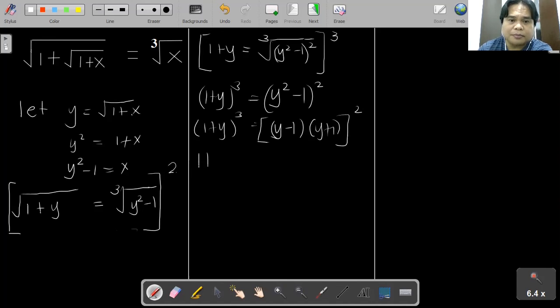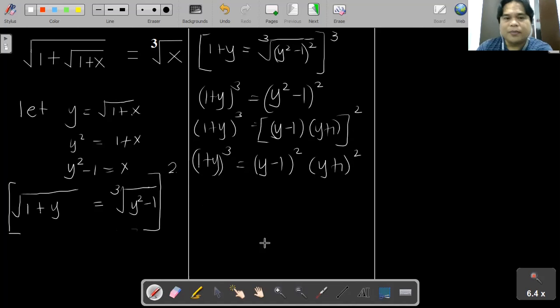And then I believe I can just distribute the 2 here. So this becomes (y minus 1) squared and (y plus 1) squared, right? Okay, good. Now, as you can see, we have a common binomial here, which is the 1 plus y or the y plus 1. Either way, it's the same.